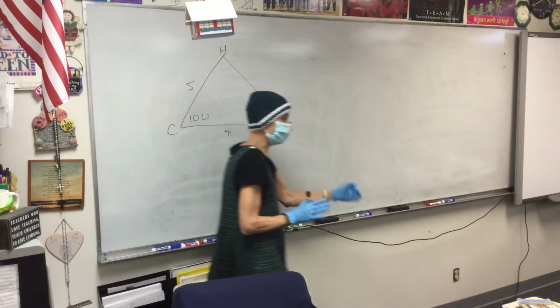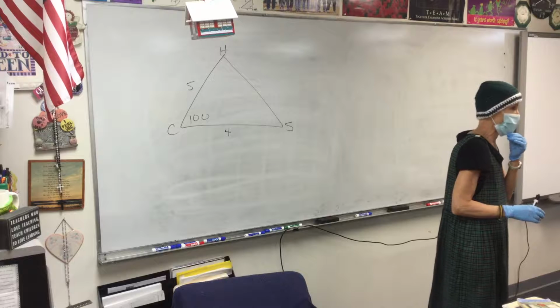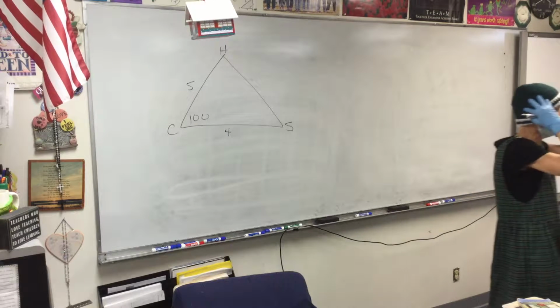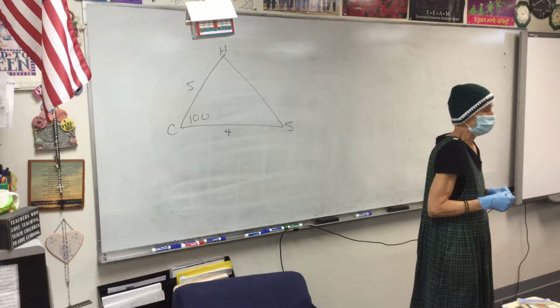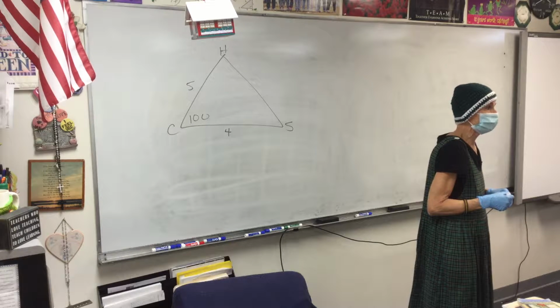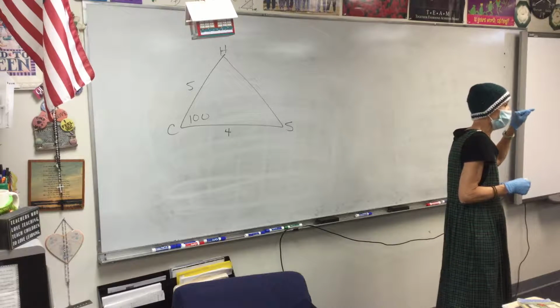All right, so let's step back a minute and remind ourselves, when do we have an issue with possibly more than one triangle? When I do the law of cosines? No. When I do the law of sines and find an angle.